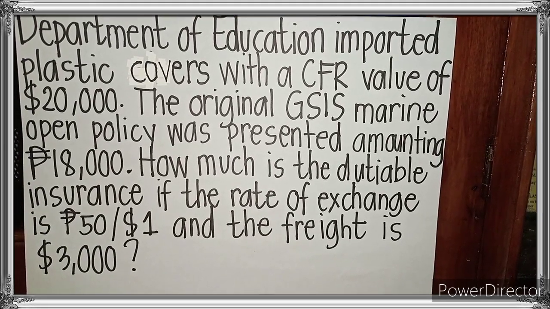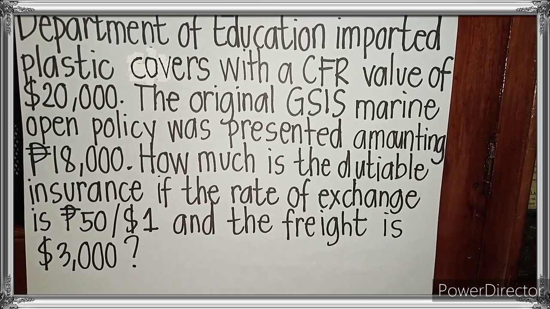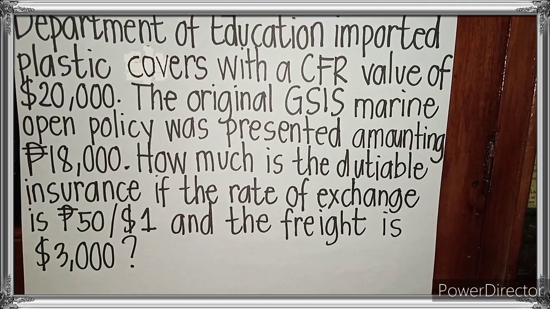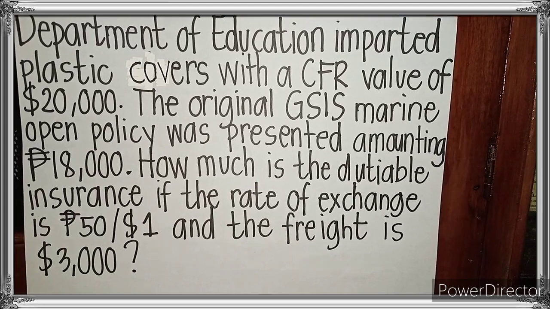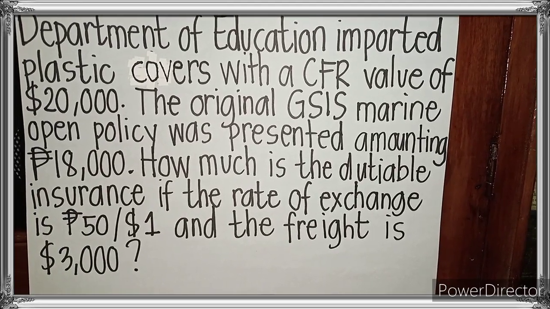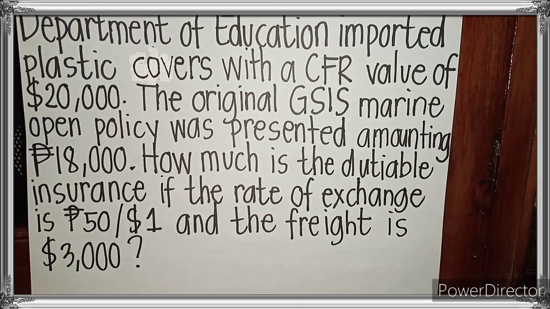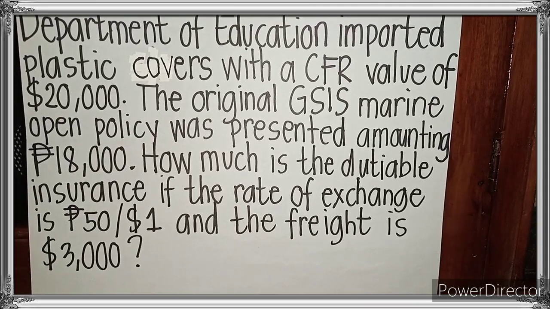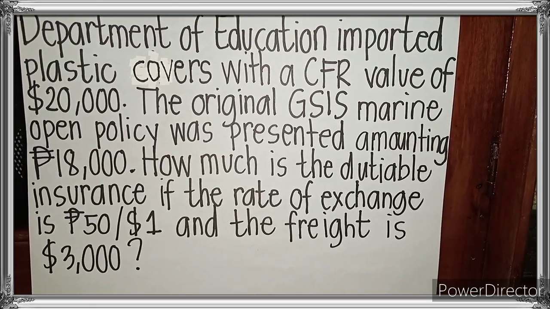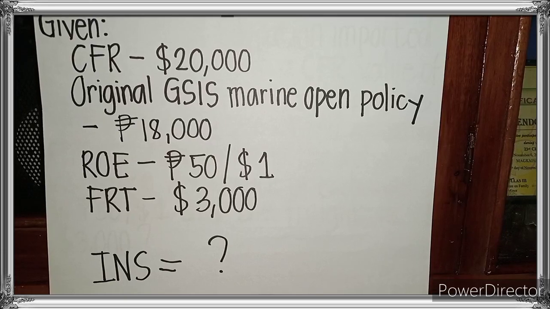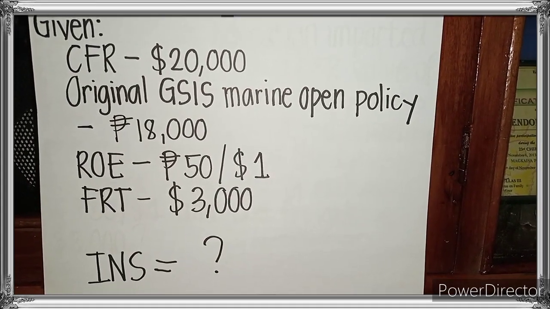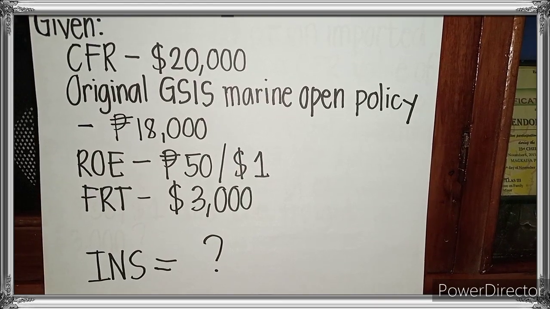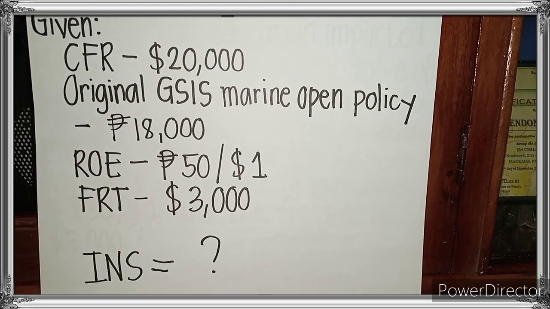Next problem. The Department of Education imported plastic covers with a CFR value of $20,000. The original GSIS Marine Open Policy was presented, amounting to 18,000 pesos. How much is the assessable insurance if the rate of exchange is 50 pesos per $1 and the freight is $3,000? Again, we will need to jot down the information for us to be able to compute the problem.